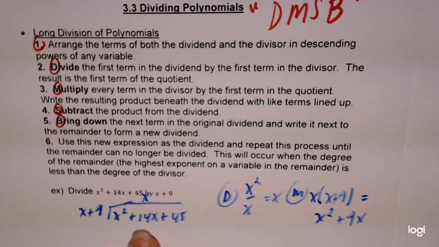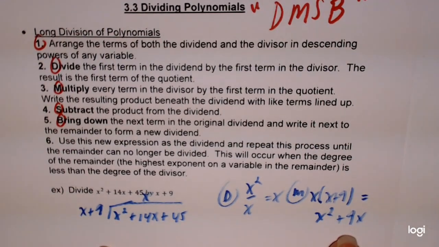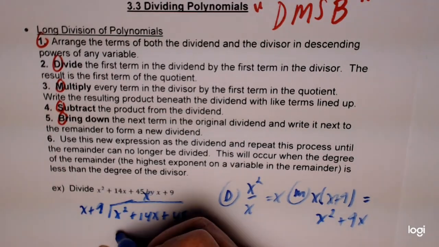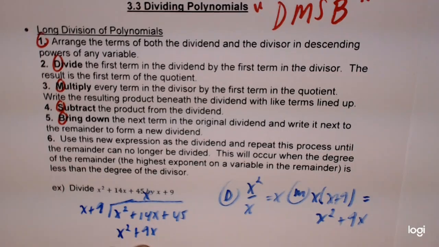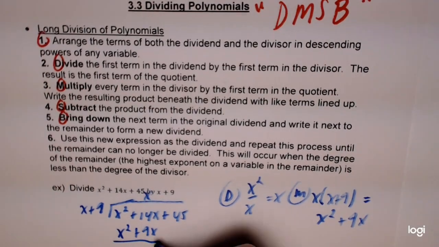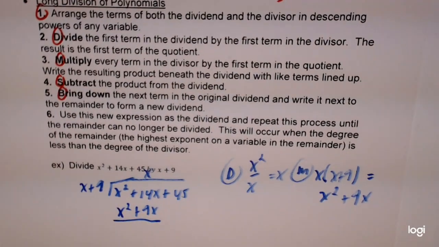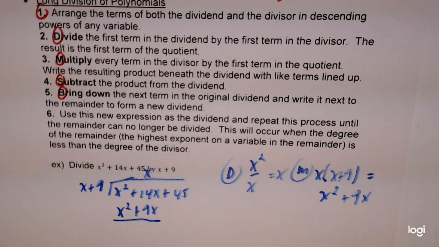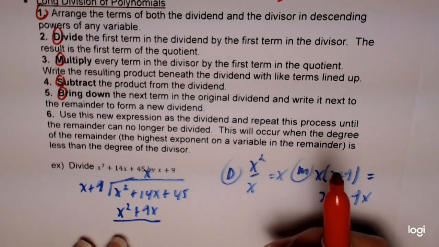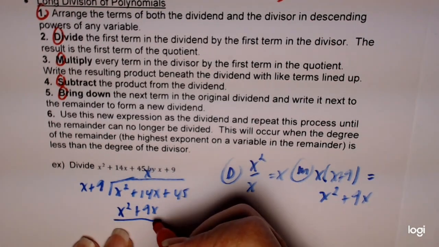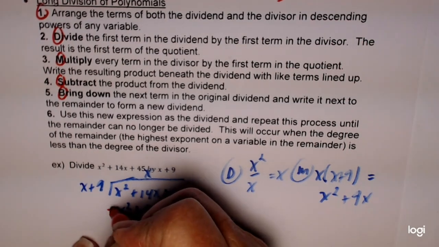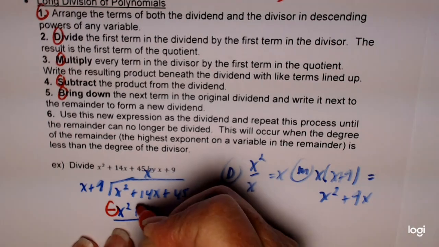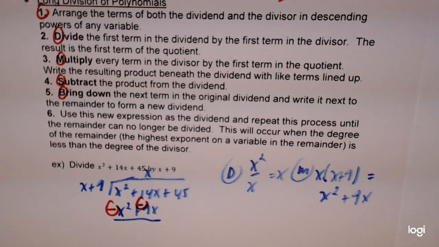I want to make sure everybody can follow what I'm doing, so I'm going to write it all out. And now that x squared plus 9x, you would write it here. Which brings us to the next step, which is the subtraction. So we're going to subtract this, so all terms get their sign flipped. So this becomes negative, and this becomes negative. And now we do the subtraction.